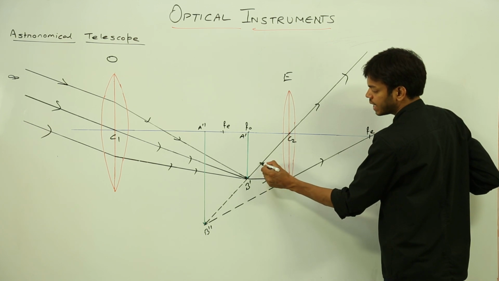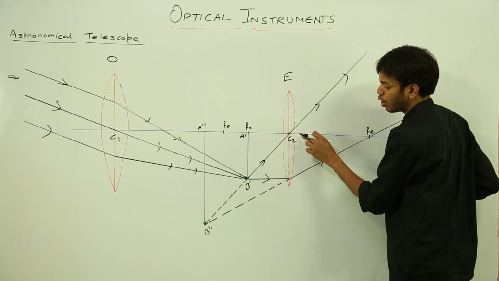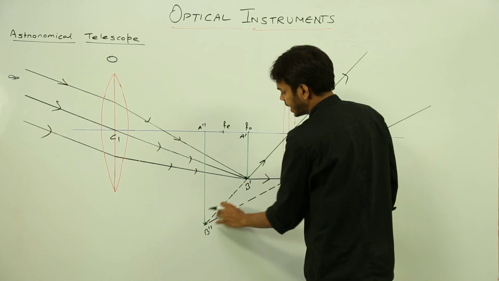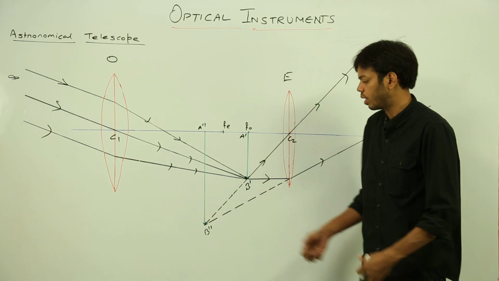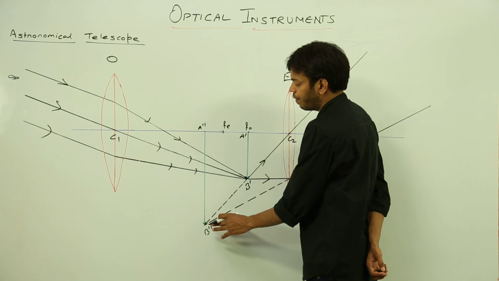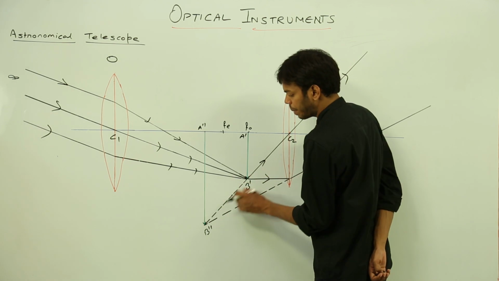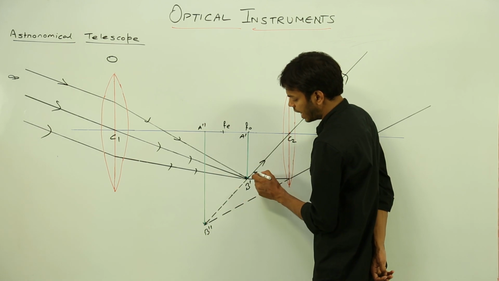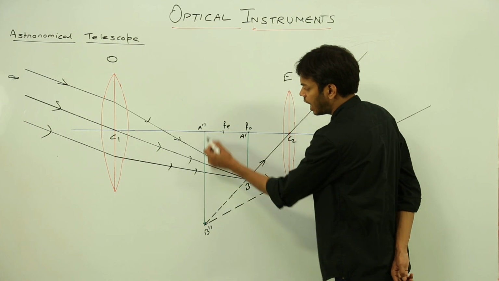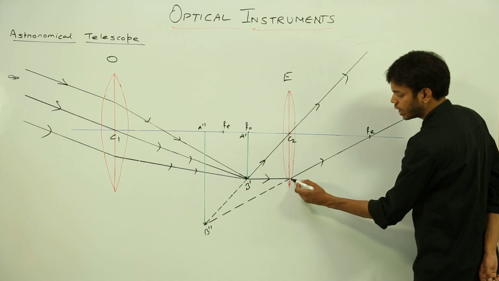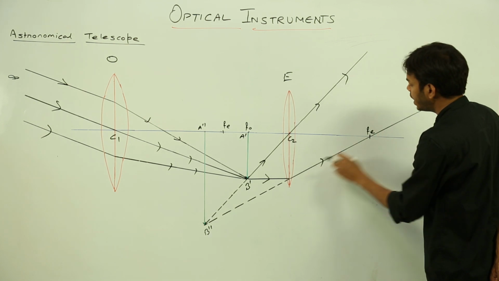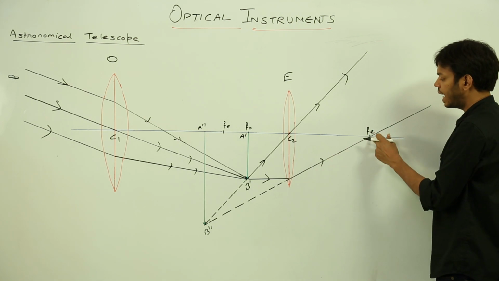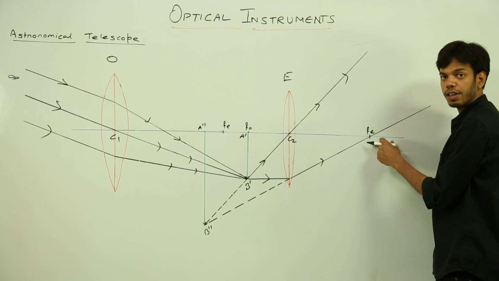First mark the line which is going from the optical center of the second lens and stretch it on the other side, in the dotted version, wherever you want your final image to be. For example, I want the final image height to be this one, so I'll make this line first, and then after making the image I'll join the dotted version here and stretch it. Wherever it crosses the principal axis, there I'll mark the focal point.